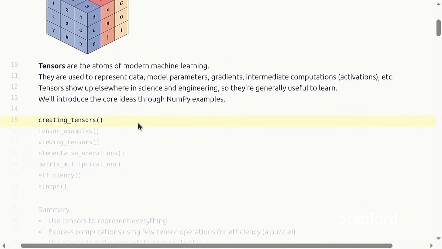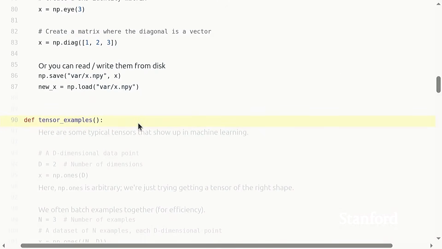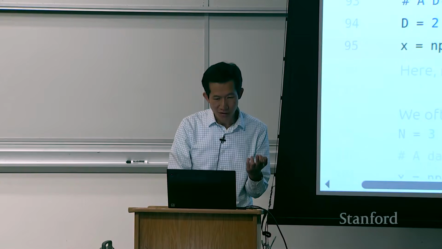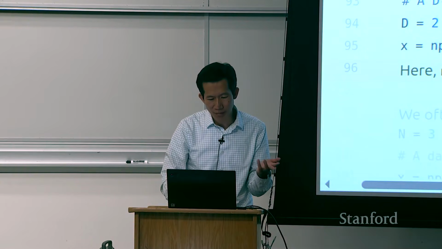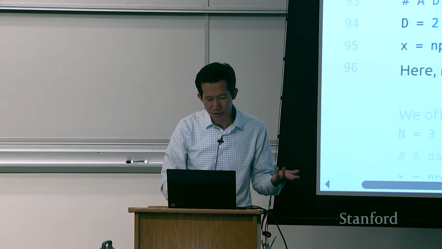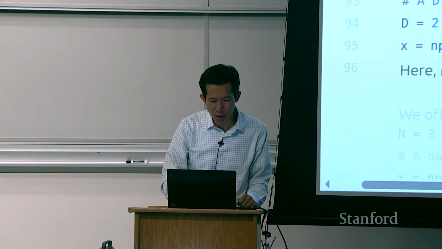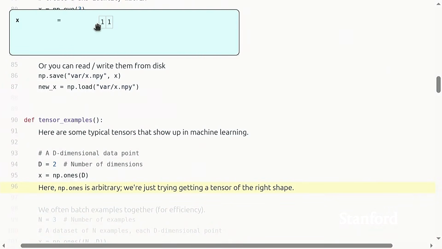Okay, so let's look at some hopefully motivating examples of tensors. So these are some tensors that show up in machine learning. So in machine learning, we're talking about data points, and typically data points are represented as vectors of some dimension d. So here I'm just using np.ones. It's arbitrary. You could put zeros. We're just trying to get a tensor of the right shape here. So this is a 2-dimensional data point.